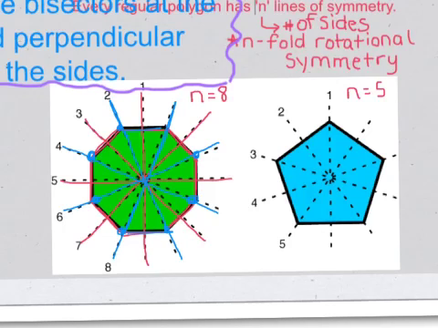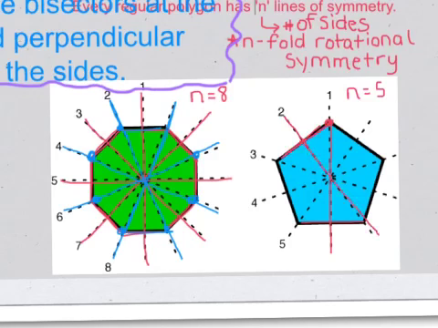Okay? In an odd numbered figure, like the n equals 5, you'll notice that each line goes from an angle to a side. So here, for example, line number 1 starts at this angle, but then it comes down and it's a bisector of this side down here. So it goes from an angle to a side. Okay, angle to a side. Line number 2 starts at a side here, but goes across to an angle.